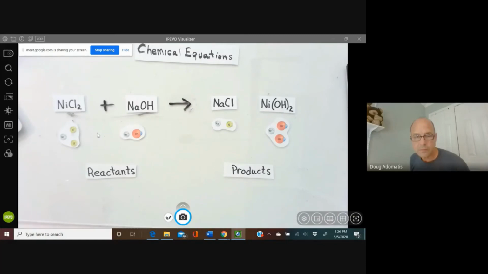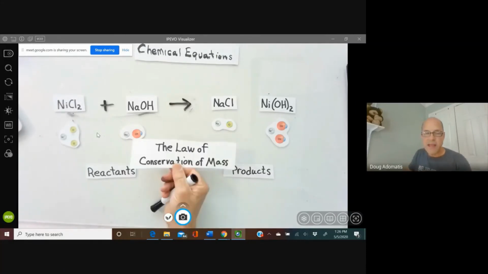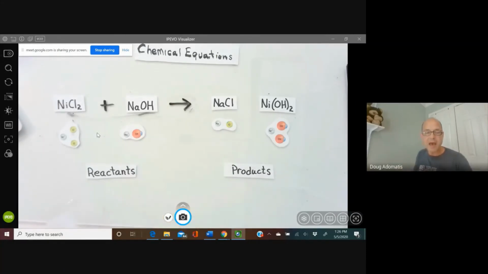If any of you had a science class before where you had to balance chemical equations, you might be asking yourself, is this equation in balance? Now, what do I mean by that? Does the equation satisfy the law of the conservation of mass?